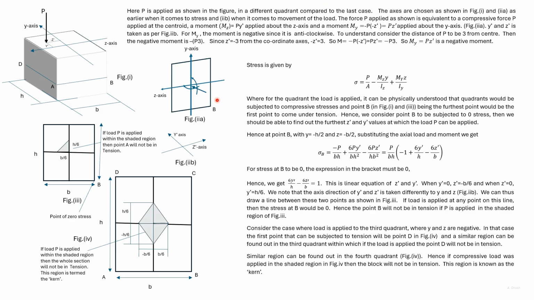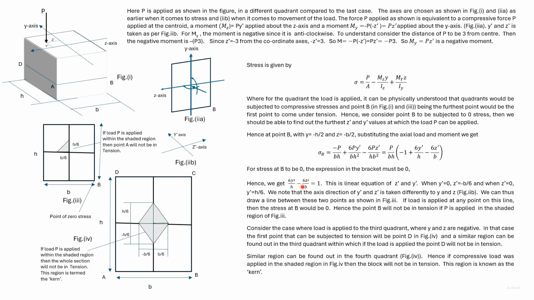Now for this whole section to be in compression, stress at B has to be 0, which means that the portion in the bracket has to be 0, from which we get an equation of y dash and z dash. This equation will give us the locus of the point P, for which the stress at B would be 0.